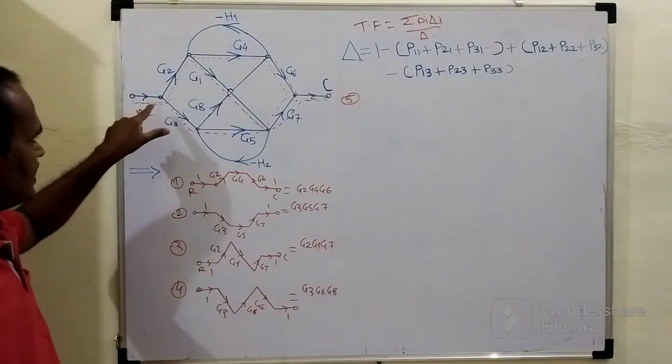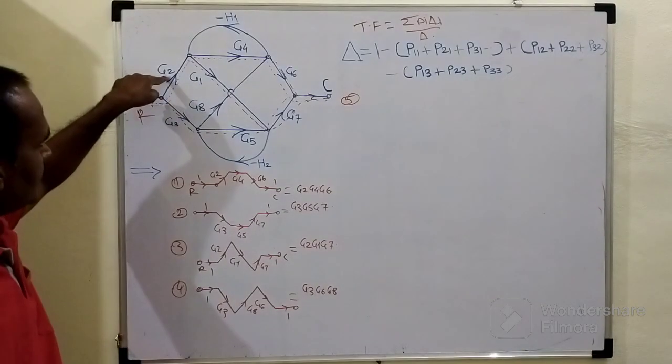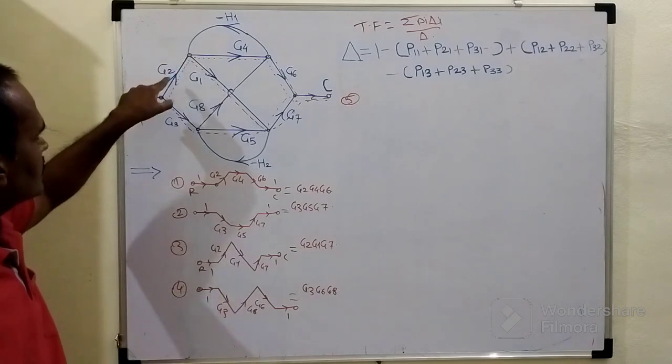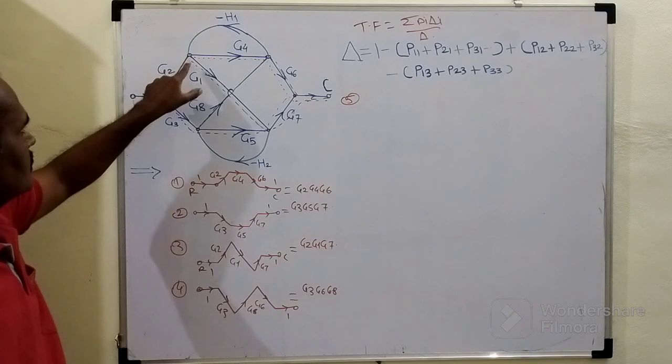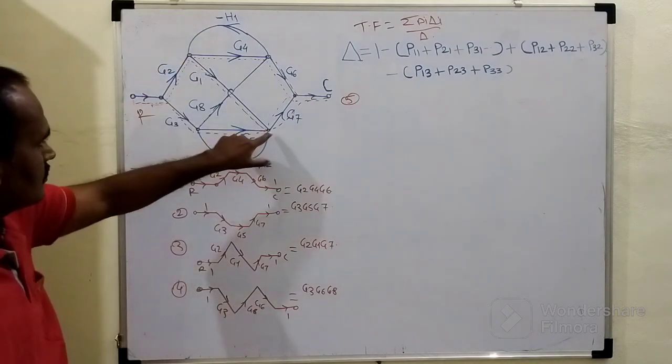See, we will start our journey with this R. We'll go through this G2, then along with this G2, we'll go through this gain.